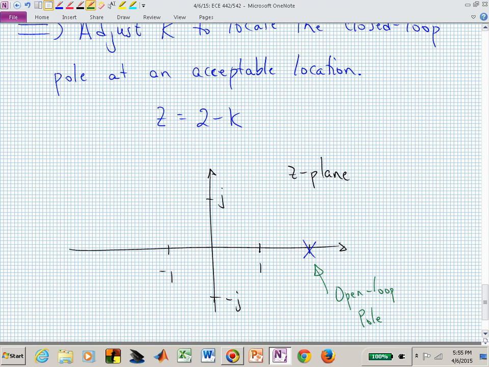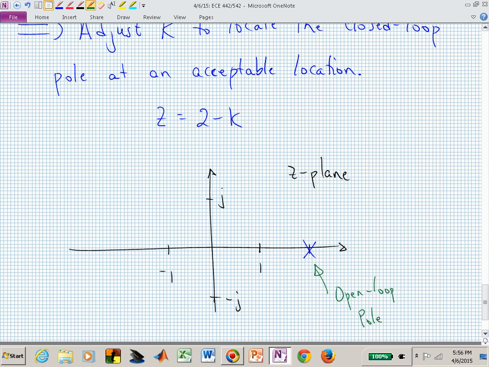We now want to adjust the dynamics by the choice of K. What's going to happen when I start increasing K and making it more positive? Are my roots going to be real or complex? Real, aren't they? I only have one root, and they're all going to be real if I keep K real and positive.